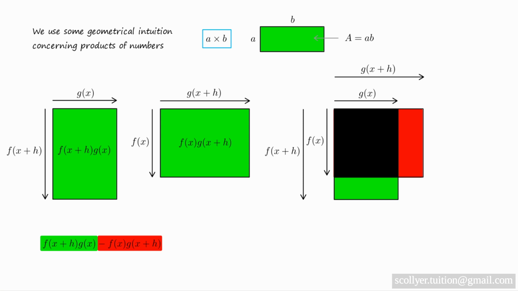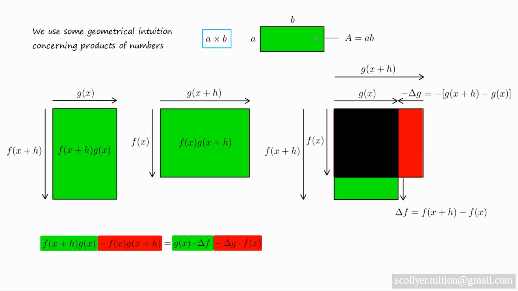The width of the red rectangle is minus delta g, which equals minus g of x plus h minus g of x. The height of the green rectangle is delta f, which is f of x plus h minus f of x. And so the area of the red and green rectangles is g of x times delta f, which is the green area, minus delta g times f of x, which is the red area.